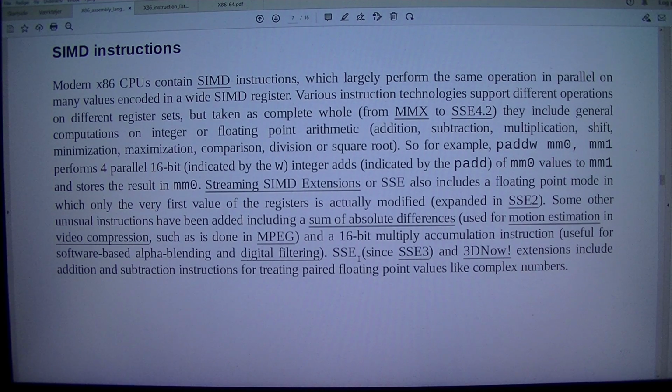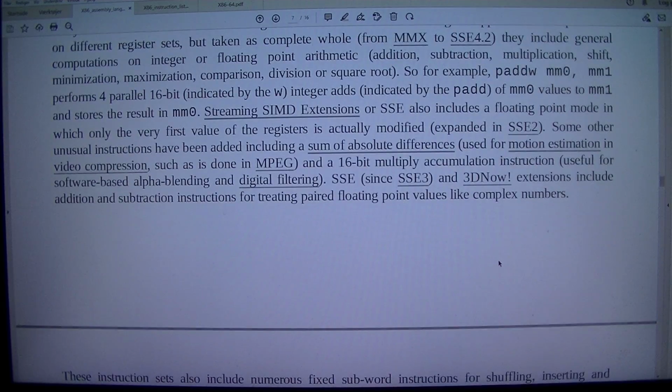SSE 3 and 3DNow! extensions include addition and subtraction instructions for treating paired floating point values like complex numbers.